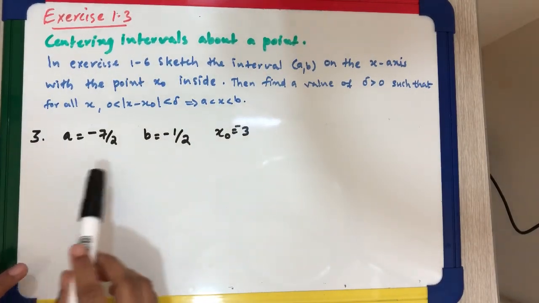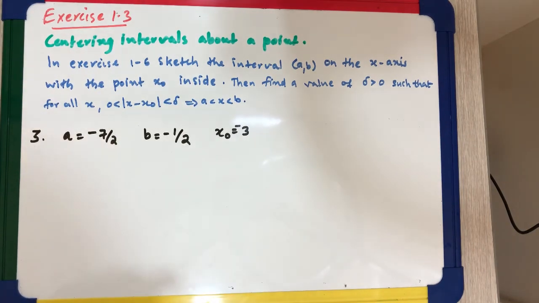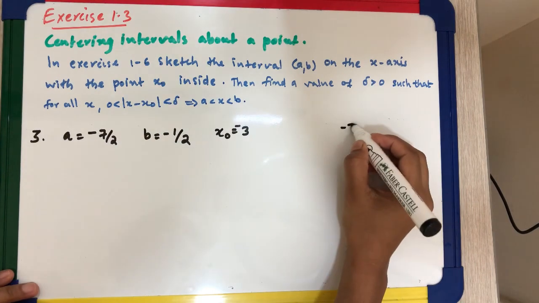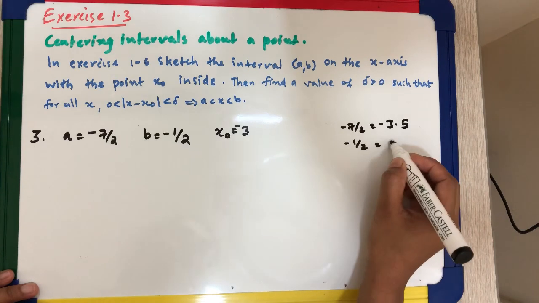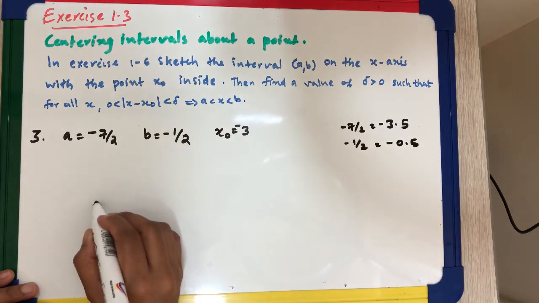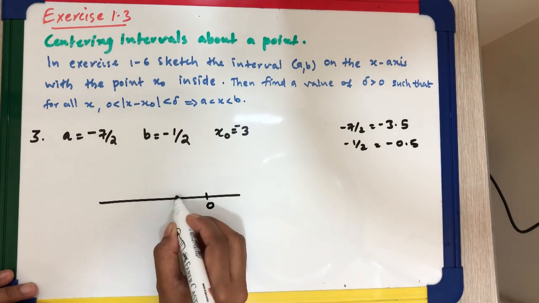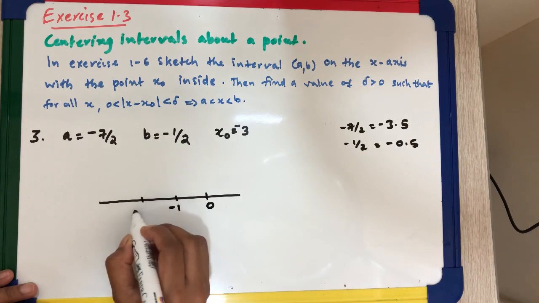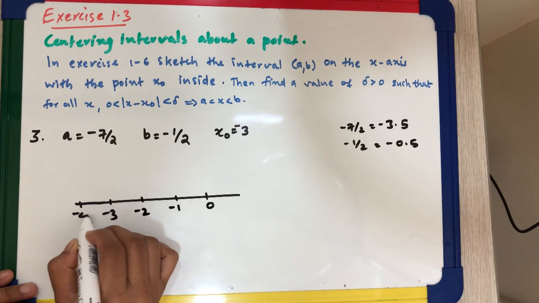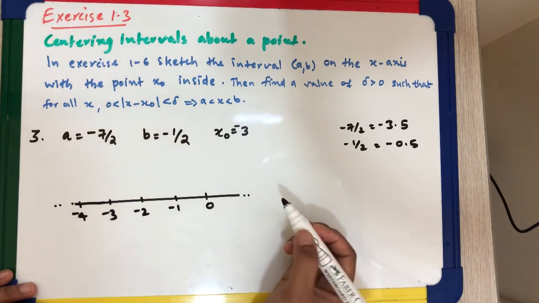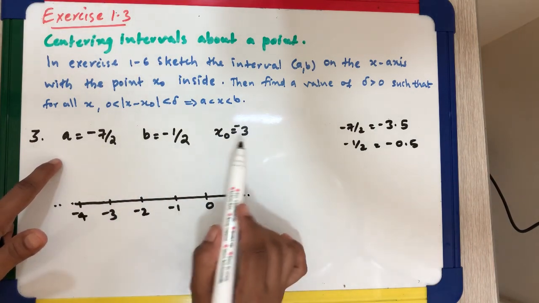Next question. A equal to minus 7 by 2, b equal to minus 1 by 2, x0 is equal to minus 3. Minus 7 by 2 is minus 3.5 and minus 1 by 2 is minus 0.5. Now see, here the x-axis: 0, minus 1, minus 2, minus 3, minus 4, etc. We have to mark a, b and x0.